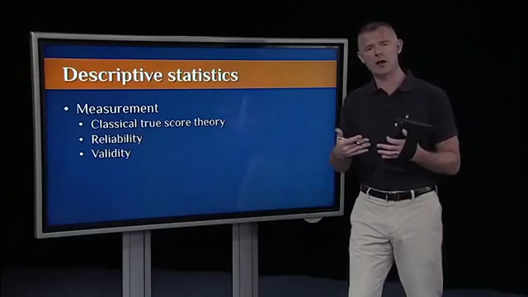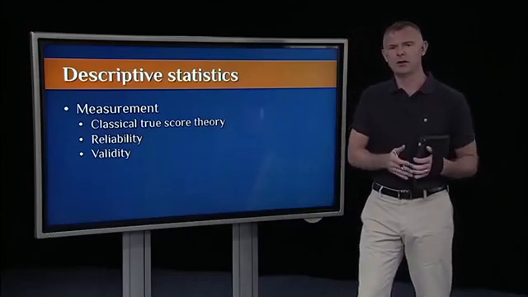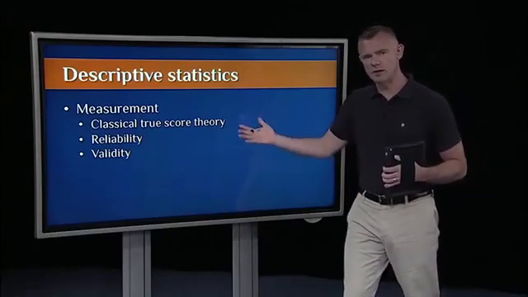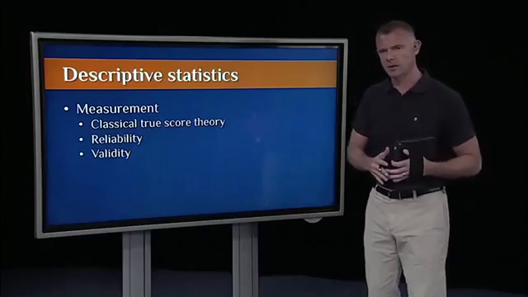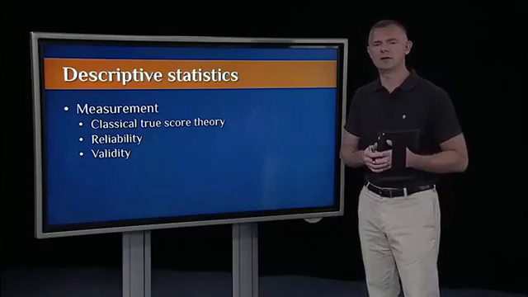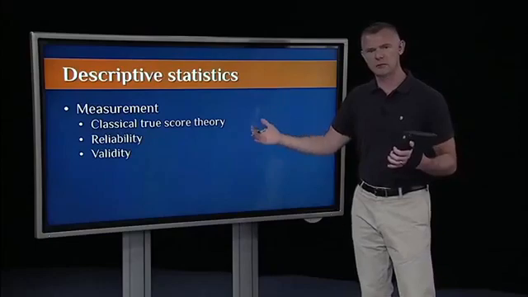How reliable are your measures, and are they valid measures of the construct under investigation? That's an important piece to understand, especially if you're looking at correlational data. So that's the first part of the semester: descriptive statistics, correlation, and measurement.